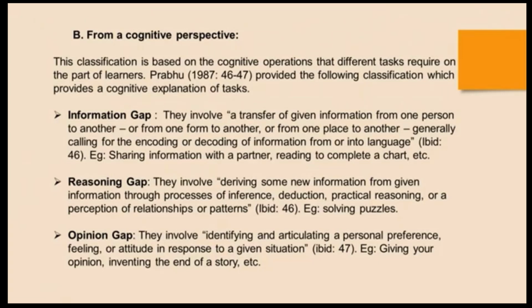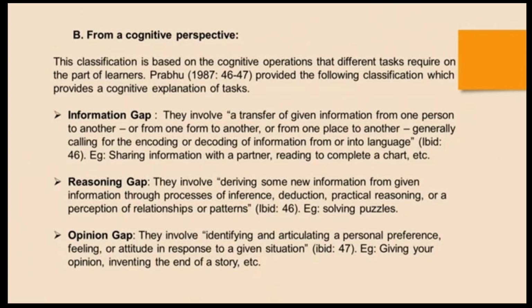Secondly, reasoning gap tasks involve deriving some new information from given information through processes of inference, deduction, practical reasoning, or perception of relationships of patterns. The clearest example of tasks belonging to reasoning gap are solving puzzles.